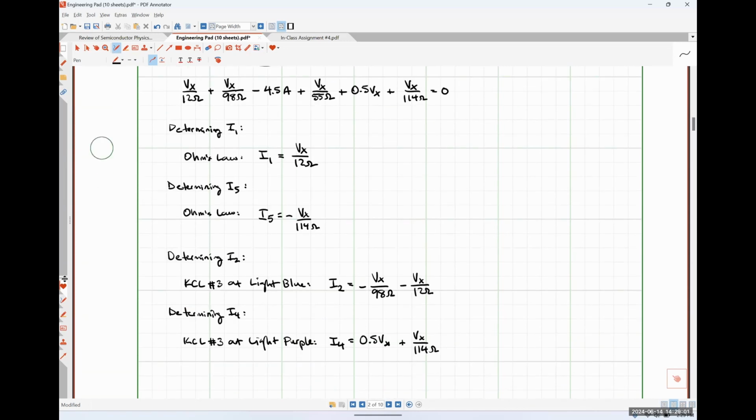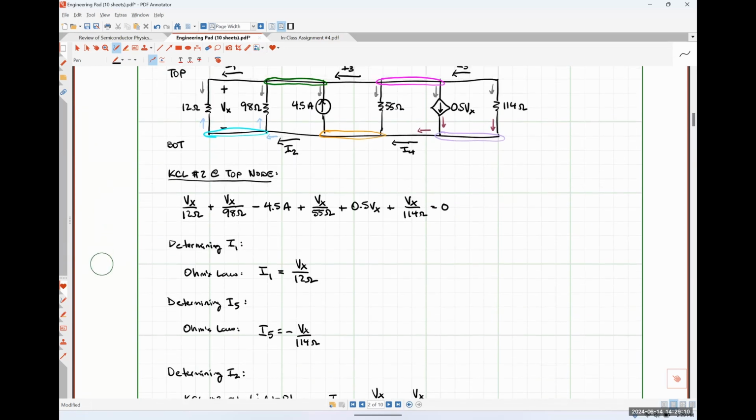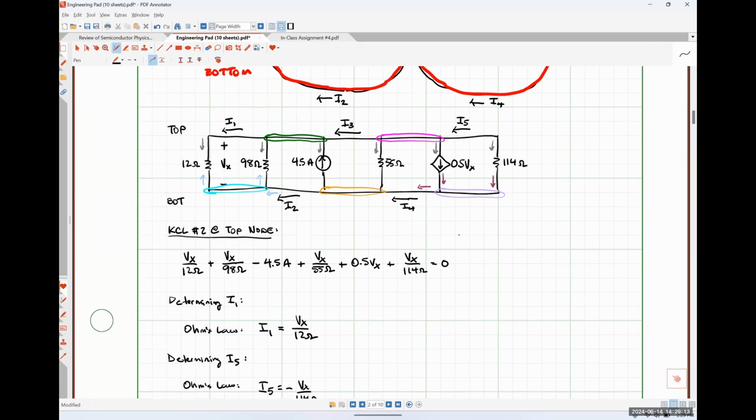So we've got I1, I2, I4, and I5 taken care of. The last one that we have to worry about is I3. So for I3, we have some choices. We can say that the current I3 is flowing into that green node, and then this current and this current are flowing out of the green node.